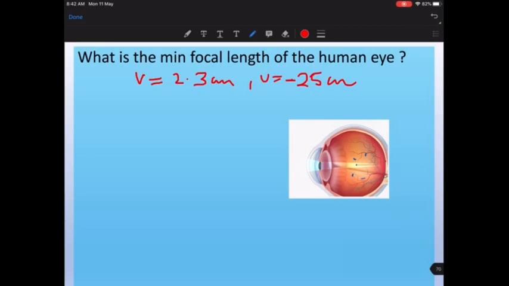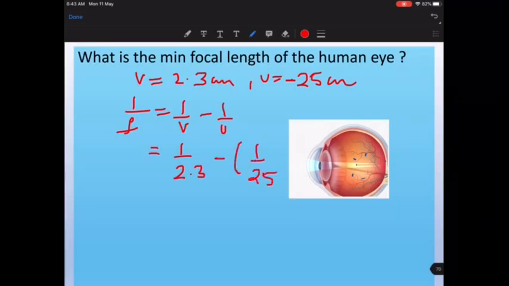Just substitute these values: 1 upon 2.3 centimeter minus 1 upon minus 25 centimeter, so this will become 1 upon 2.3 plus 1 upon 25. Try and solve this value on your own. You will be getting f is equal to 2.10, or it may differ in decimal points, but most of you will get 2.10.